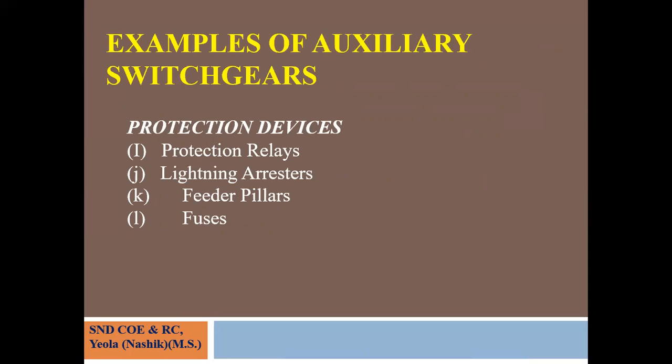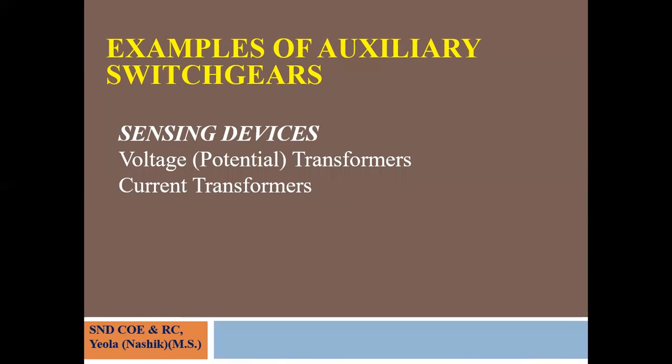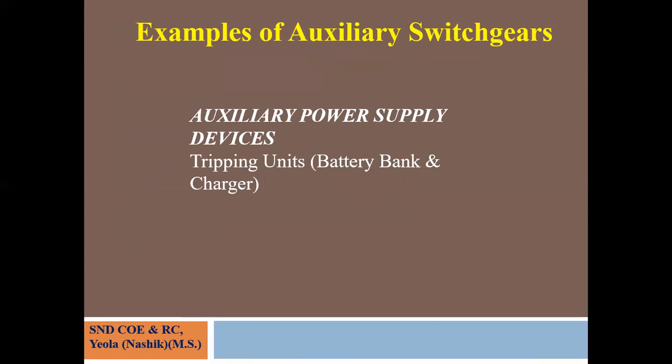Protection devices: first is the protection relay, second is the lightning arrestor, third one is the feeder pillar, and fourth one is fuses. Other examples of auxiliary switchgears are sensing devices, which are the voltage or potential transformer and the current transformer. Another example is auxiliary power supply devices, in which there are tripping units, battery bank, and charger.